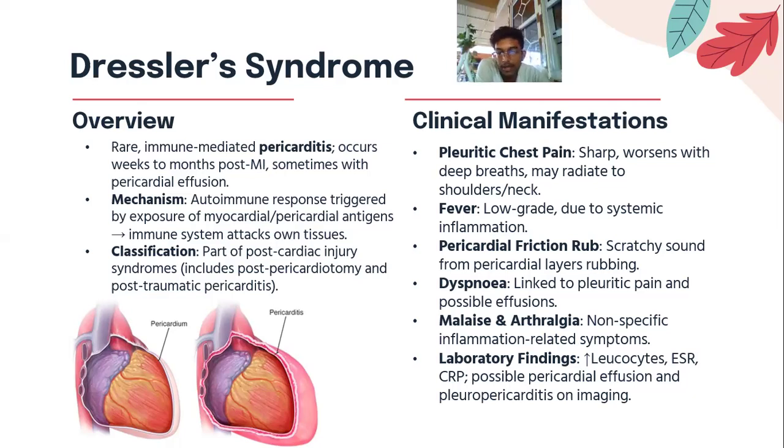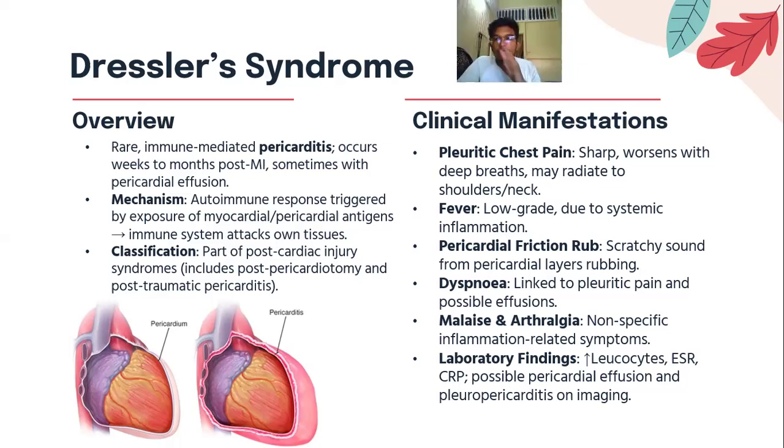Fever. A low-grade fever is common and results from systemic inflammation. Pericardial friction rub. An audible scratchy sound heard on auscultation, which occurs when the inflamed pericardial layers rub against each other.